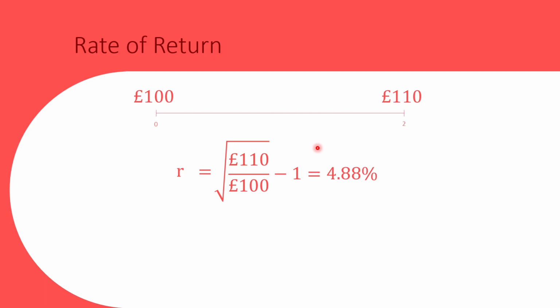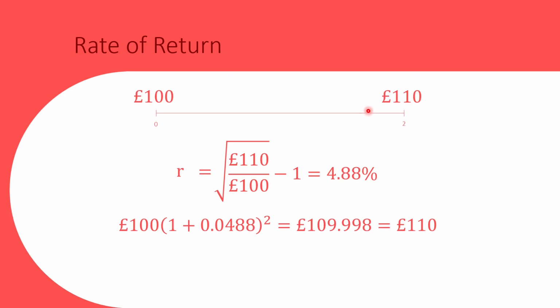Another way of asking that same question is, if I have £100 now and my rate of return is 4.88%, how much will I end up with after 2 years? Hopefully, if we've done everything correctly, it should give us 110, because we used both of these inputs as well as the number of years to calculate this. So if I use this as an input, this as an input, and this as an input, then I should be able to calculate that 110.